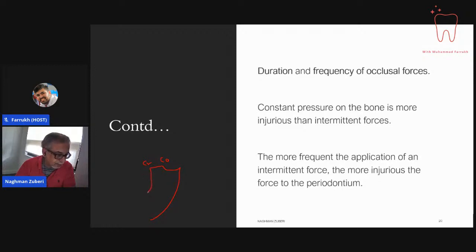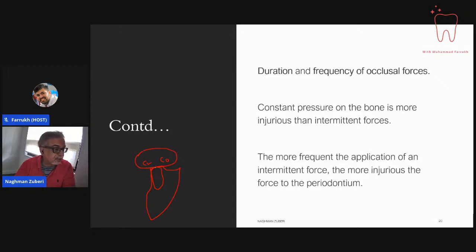So in this area, from centric relation to centric occlusion, most of our cyclic movements of chewing occur. Excessive opening, closing and excessive movements. Our teeth come in contact for a very brief period of time.